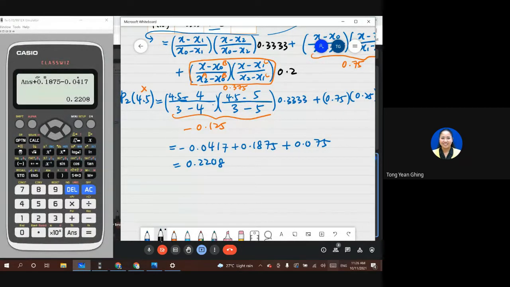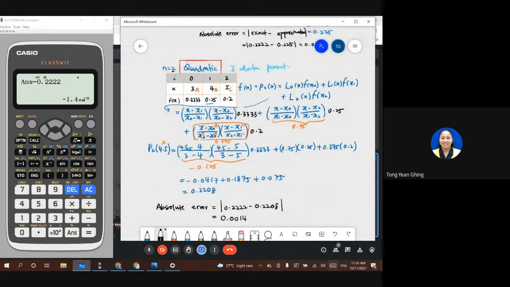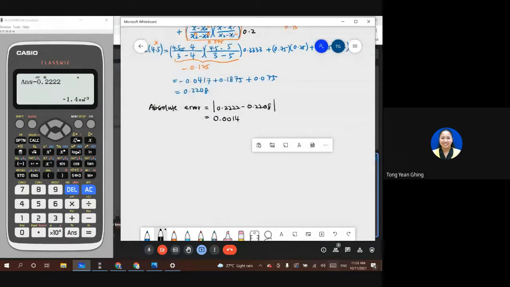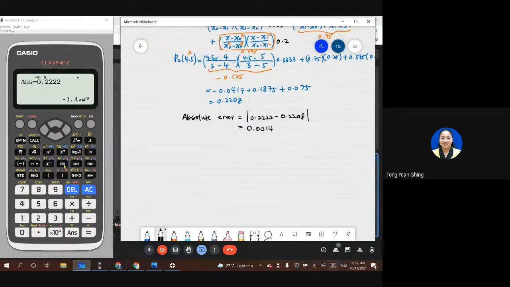So we find the absolute error: 0.2222 minus 0.2208 becomes 0.0014. So just now the absolute error was 0.0028, now it is 0.0014, so it's smaller. So when we use more values, the error is smaller.